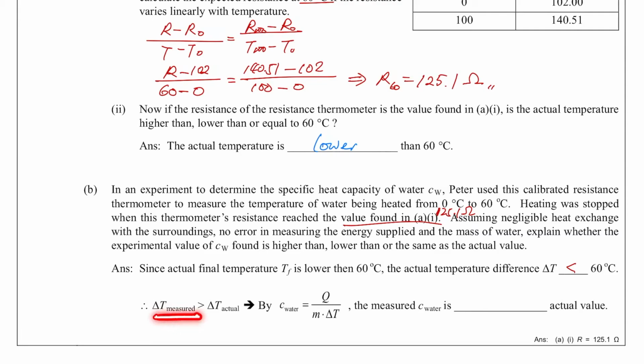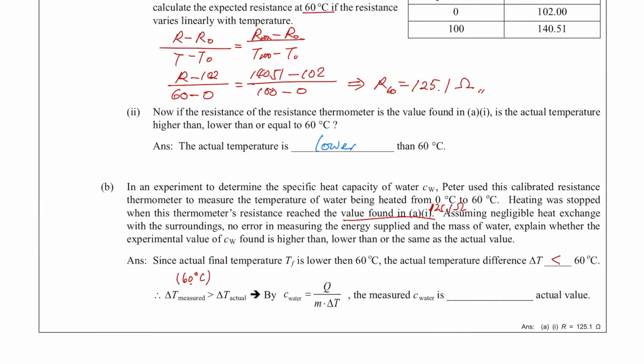Delta T measured, Peter thought it has risen by 60 degree. However, the actual rise in temperature is less than 60 degree. So the measured delta T would be larger than the actual.